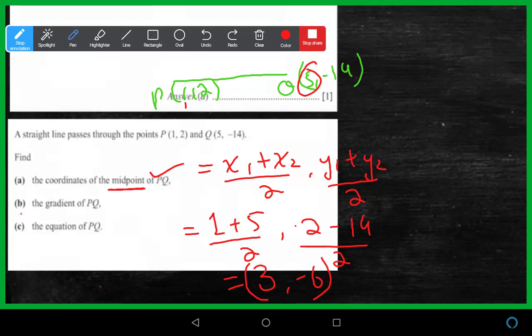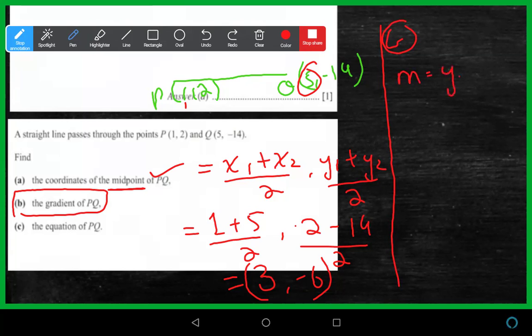Now, what is the second part? The gradient of PQ. So how can we find part B? As I told you, the formula of slope, or we can say gradient, is y2 minus y1 upon x2 minus x1. We have two points of PQ, so we can find the gradient using this formula.